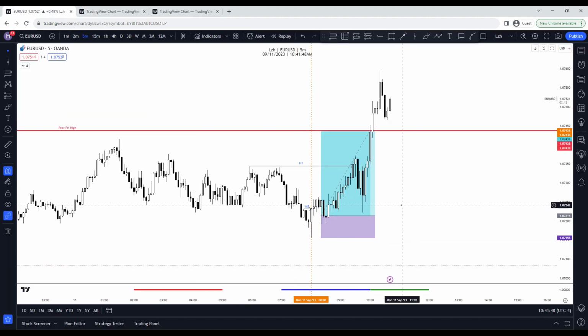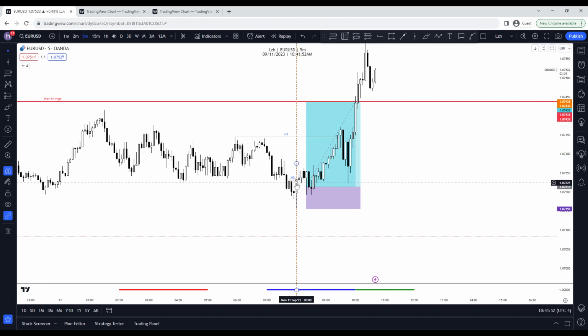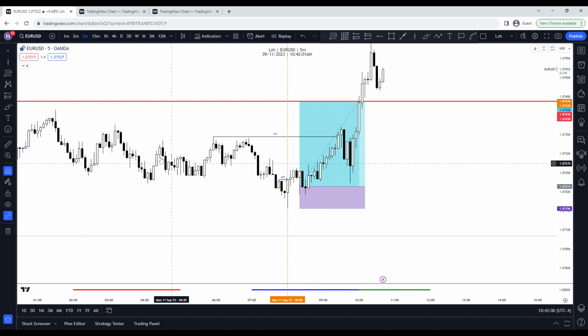So coming back to the top-down analysis, we see an M5 big structure. You can use this as an entry, it doesn't matter. My personal strategy is to use the entry point right at the mitigation level, which is this little wick here.